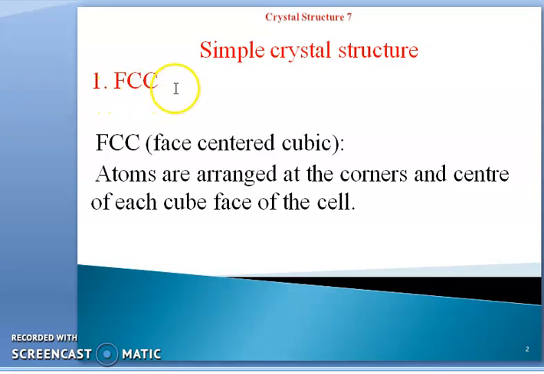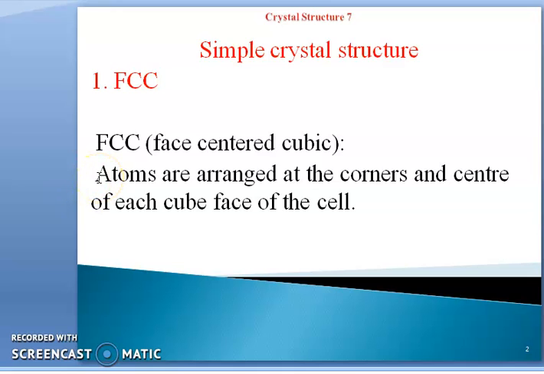Now let's turn towards the first one, FCC, that is face centered cubic crystal structure. What is FCC? The long form you can easily remember, face centered cubic structure. But what is meant by FCC?